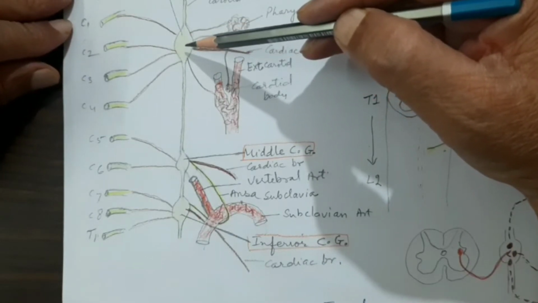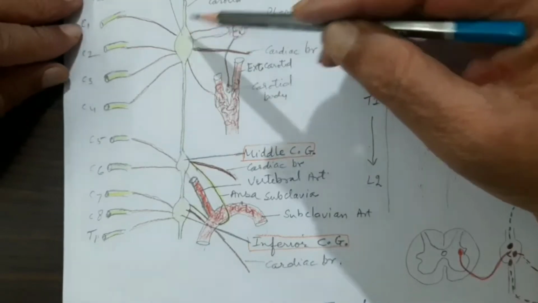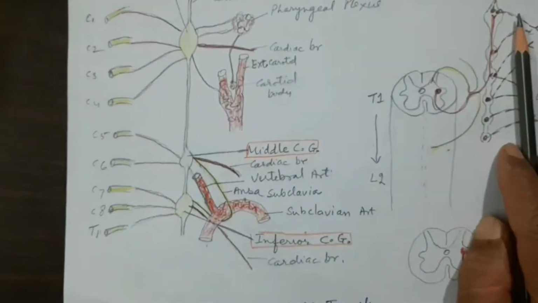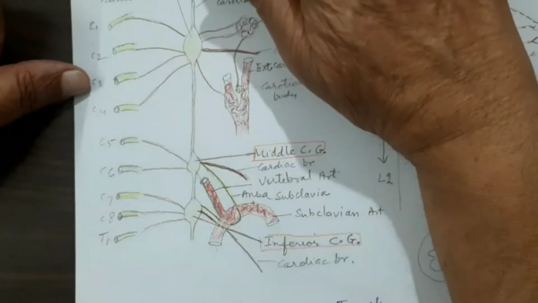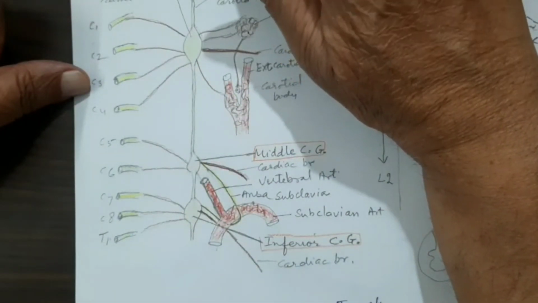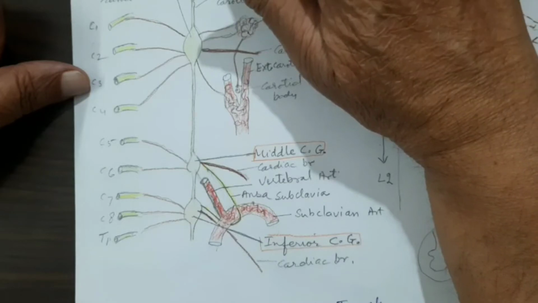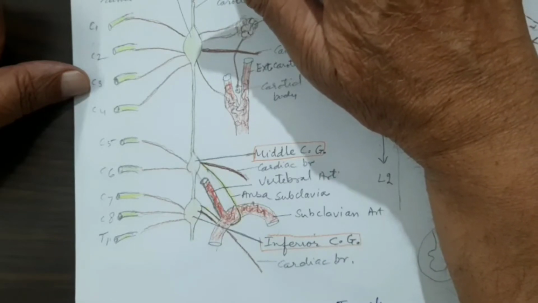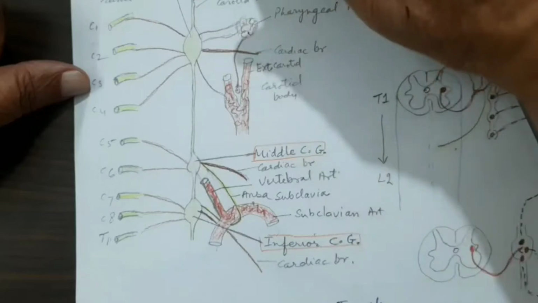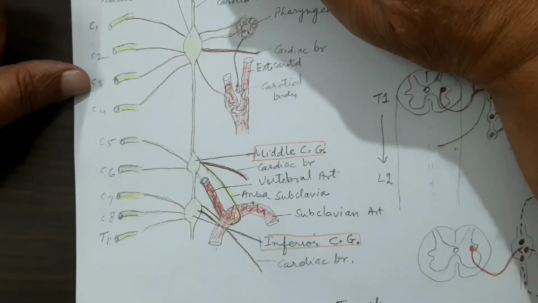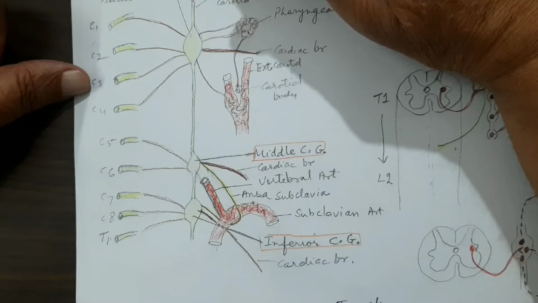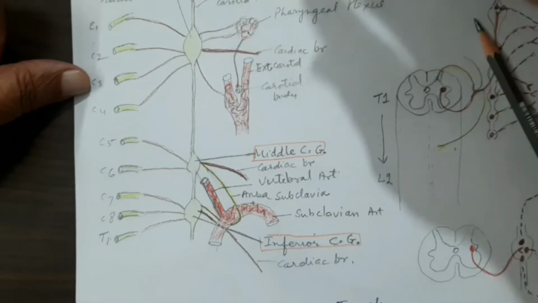Now let us come to the superior cervical ganglion. As we will see, this is the largest ganglion, and it is located in front of the transverse process of the C2 and C3 cervical vertebrae.